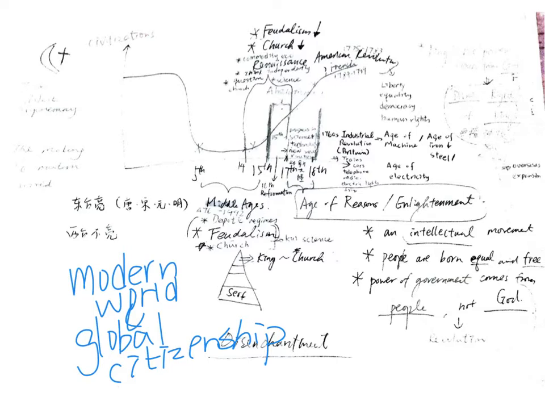In Form 1, we learn about civilizations. So the learning theme is from the start of civilization to a modernized city, Hong Kong. We talk about the makeup of a modern world by learning the ancient civilizations here.